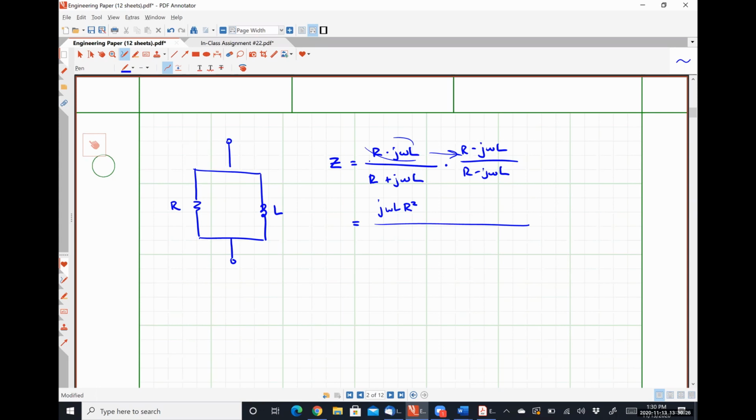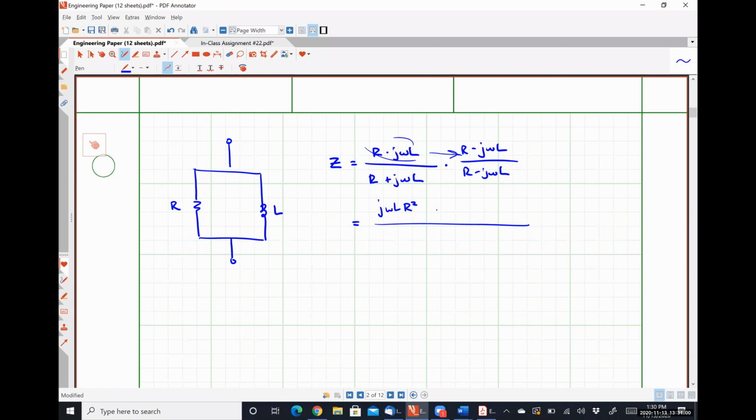So now I need to multiply R times J omega L times negative J omega L. So J times negative J is what? And what's J squared? You shouldn't need a calculator to do that. Negative 1, so negative negative 1 is positive 1.